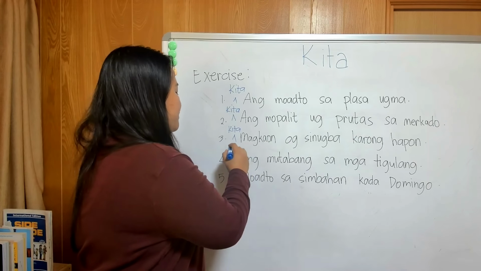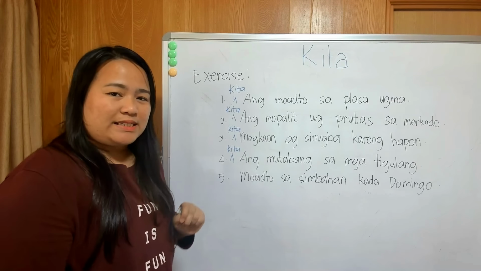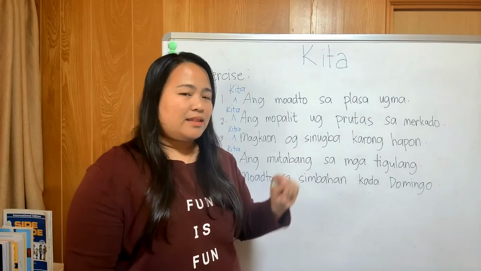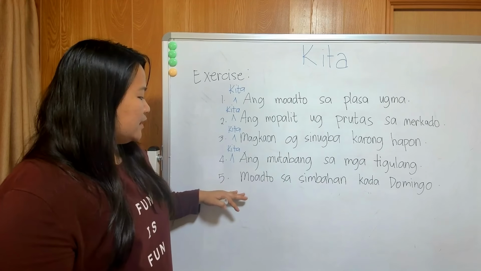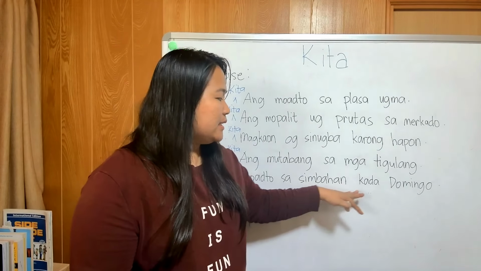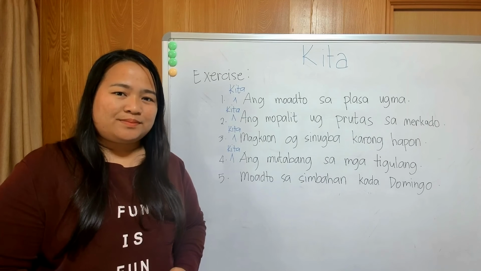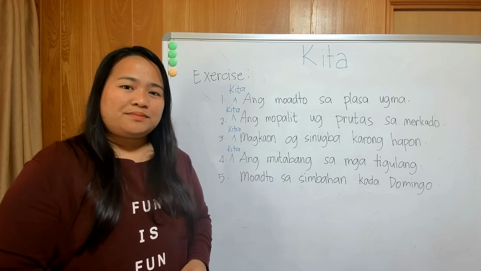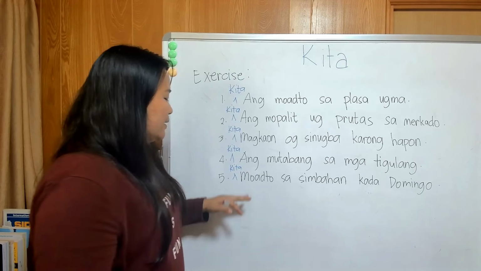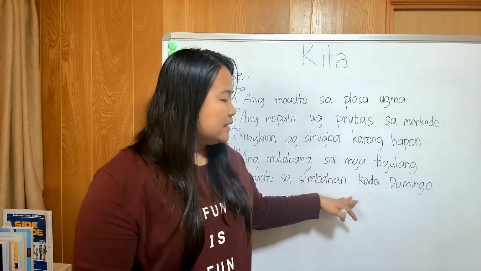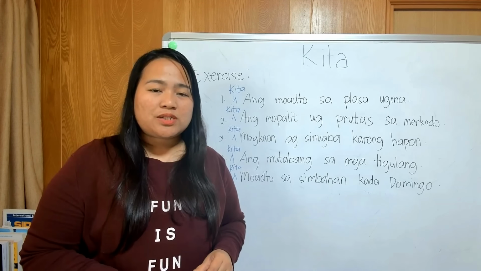The answer is kita at the beginning of the sentence. So kita ang mutabang sa mga tigulang. We will help the elderly. And number 5, moadto sa simbahan kada Domingo. The answer is also here. So kita moadto sa simbahan kada Domingo. It means we go to the church every Sunday.